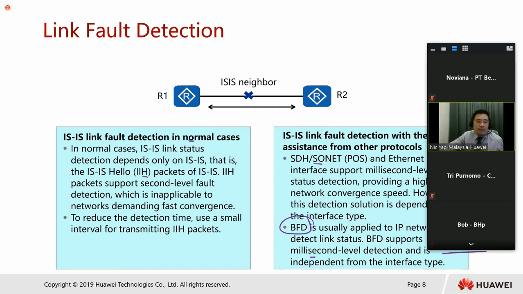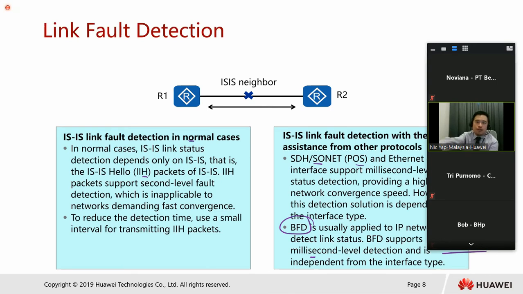So this one is more into the transmission environment, more into the hardware, depending on what hardware you are using. BFD is not based on hardware, just on software. It is just an application you apply to your ISIS to do the detection. Okay, that is on the link fault detection.